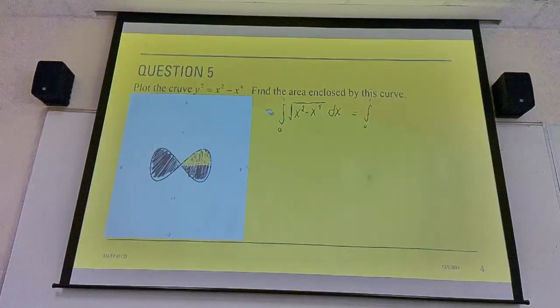Actually, I forgot something. Forgotten quadrupling this. Would it help to find a new variable, say u, and define that as x squared, so we rewrite this as the square root of u minus u squared?